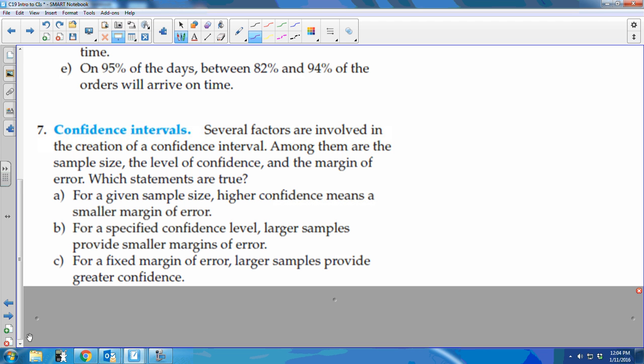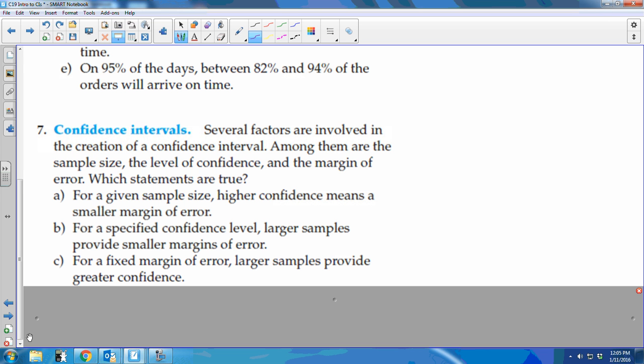Okay. On B, for a specified confidence level. So let's just say we're just talking about 95%. That's not changing. 95% confidence. Larger samples provide smaller margins of error. We talked about this a bit in Chapter 18. As your sample size increases, what happens to your variability or your standard deviation? It decreases, right?